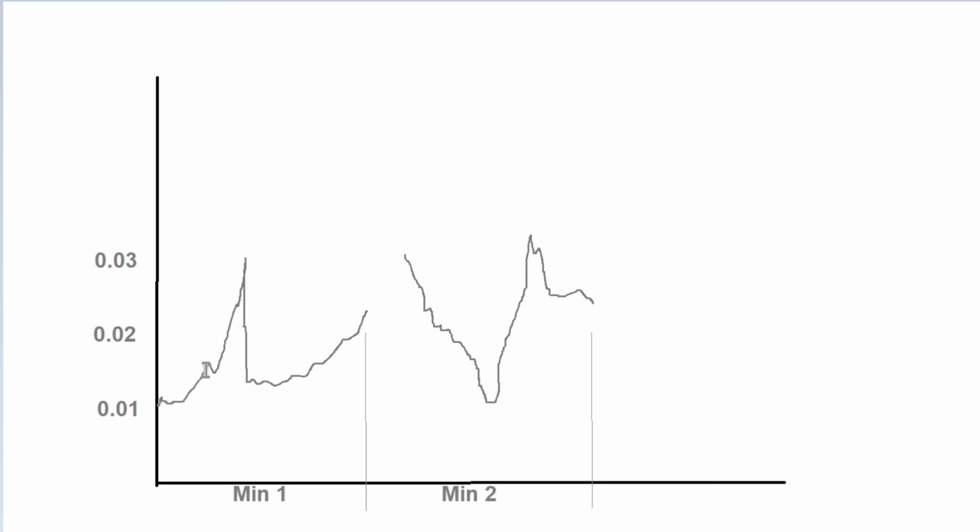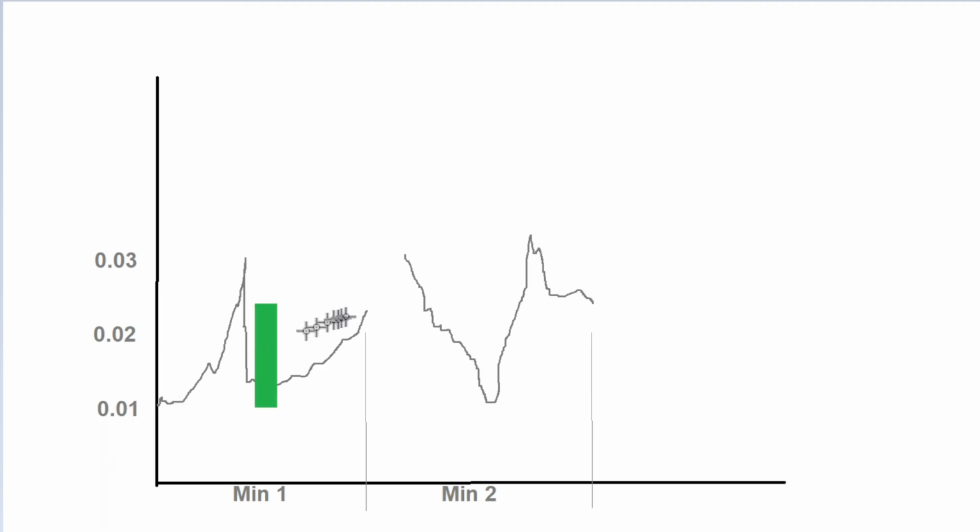Then it went up, crossed the 2 cent line, and shot up to just over 3 cents. Then it dropped like a rock, but stayed above 1 cent, and then slowly climbed up to past 2 cents. How would we describe this with a candle?